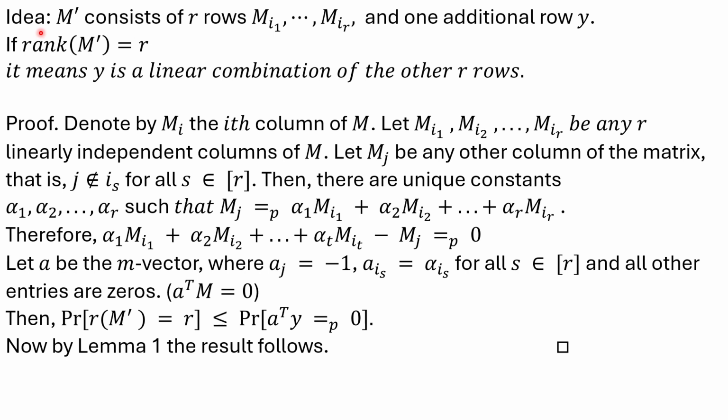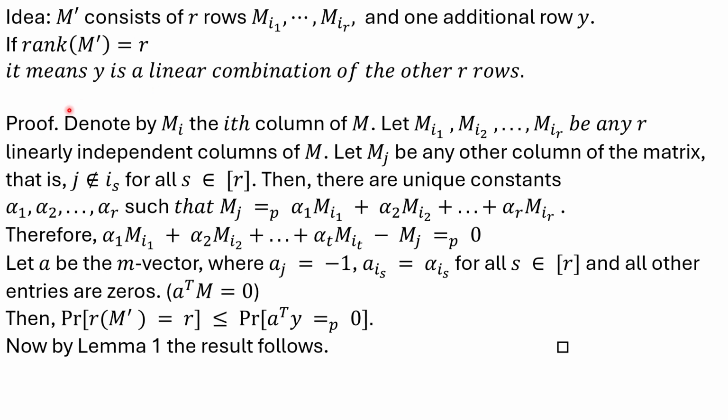The idea here is M tag consists of R independent rows, Mi1 until Mir, and one additional row y. If the rank of M tag is equal to R, it means y is a linear combination of the other R rows, else it would have increased the rank.